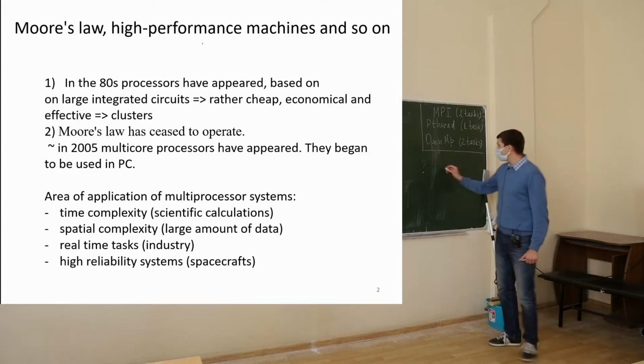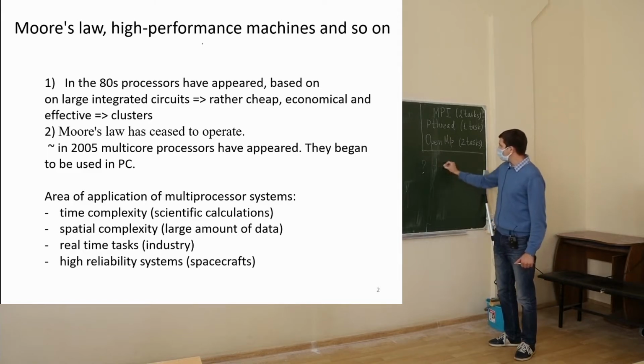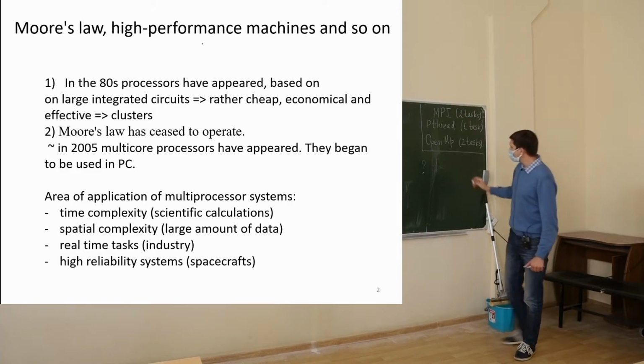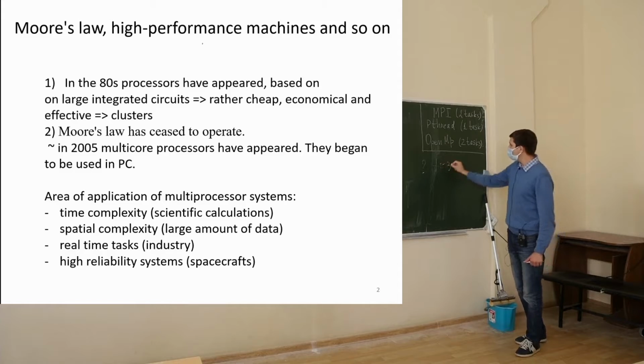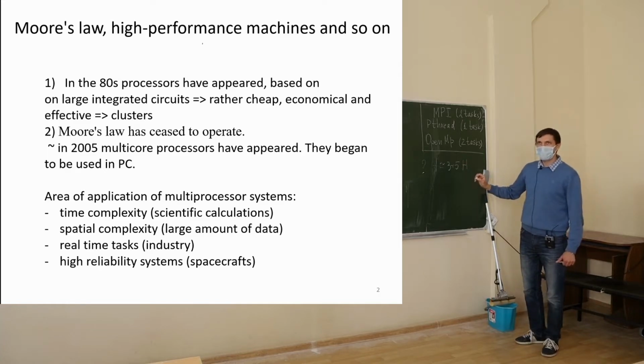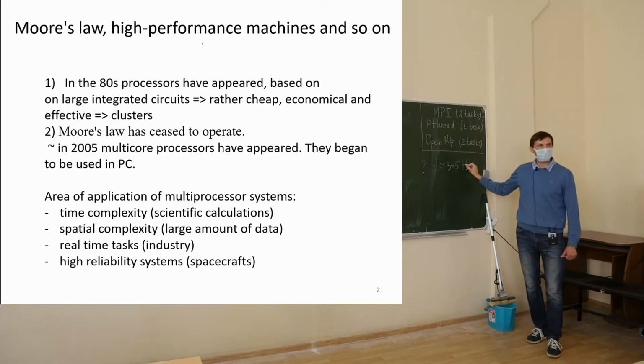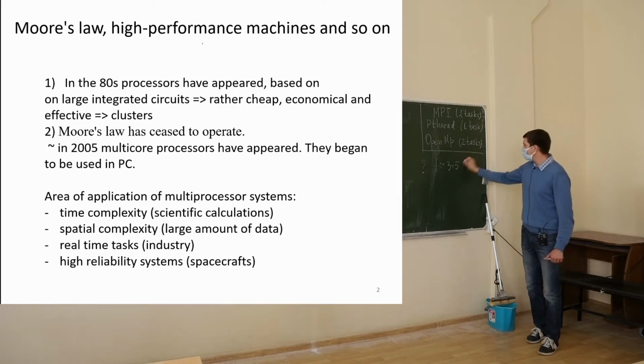So we can say that now the frequency of processors is about 5 gigahertz. Yes, of course.